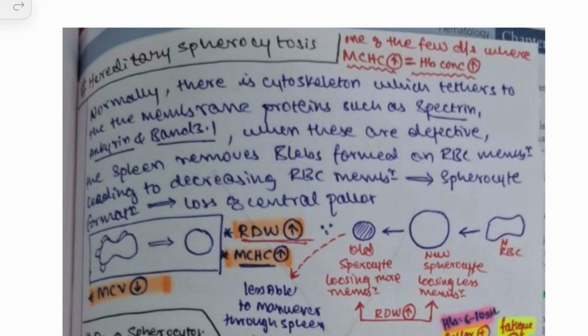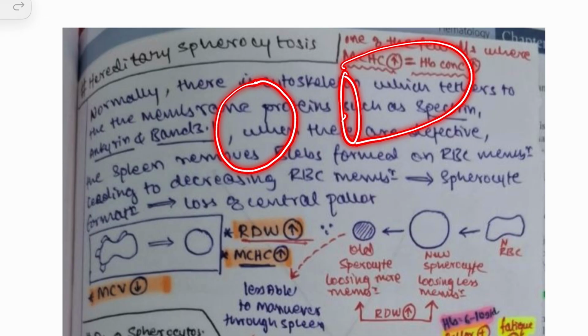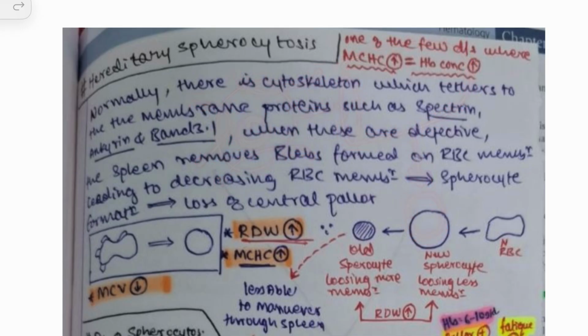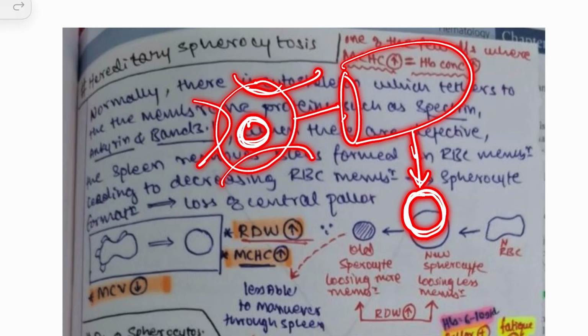Since the RBC is the same, when it goes into the spleen and a part of it is removed, it comes out spherical shaped. It loses its central pallor and becomes spherical. So the RBC has become smaller, but it has become round.